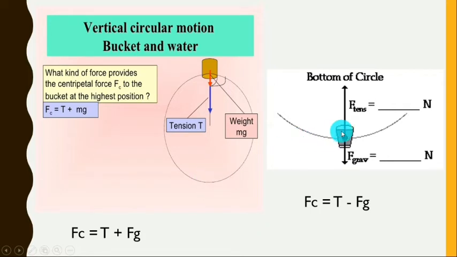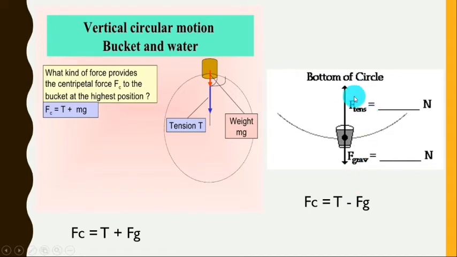Okay? At the bottom, when the bucket is here, what do we have? Tension is toward where? The center of the circle, because here is the bucket, so the rope, the string, will be above it. So the tension is directed toward the center of the circle, toward up. And the force of gravity is for sure toward down, all the time. So in this case, the centripetal force does not equal the sum of them. One of them is positive, one is negative.